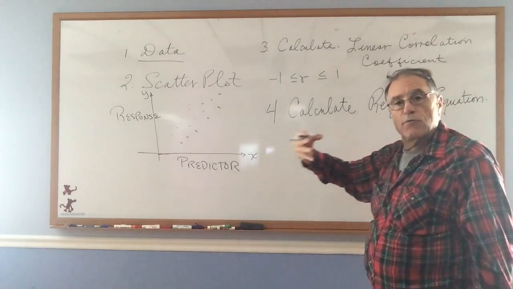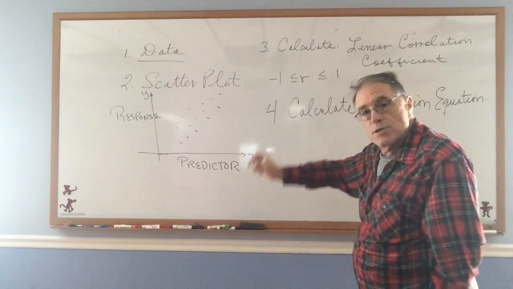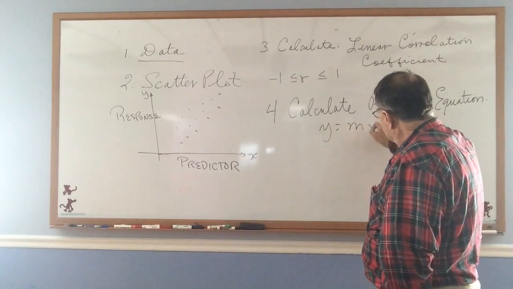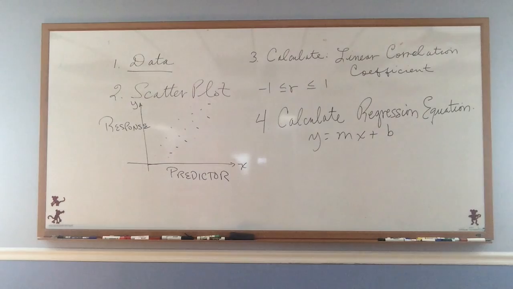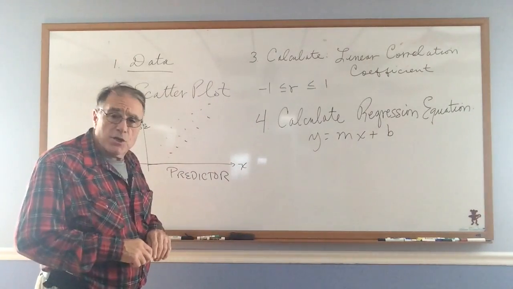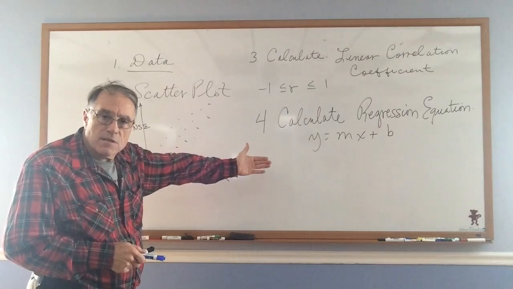We remember from algebra that the equation of a straight line in slope-intercept form is y equals mx plus b. So we're ready to calculate our regression equation, and we'll use the form y equals mx plus b.